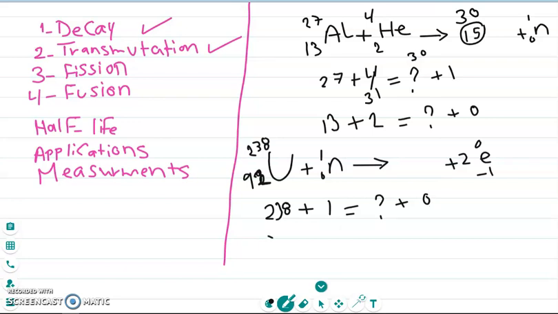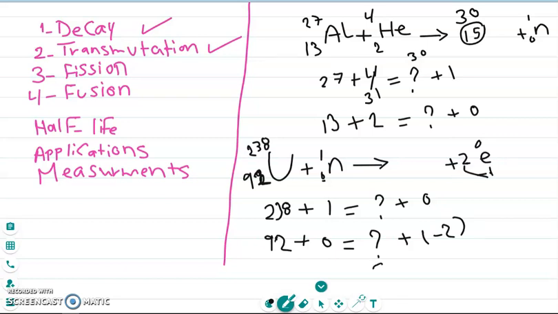And also 92 plus 0, this one, equal what? Plus minus 2.